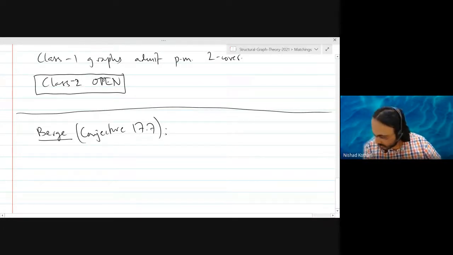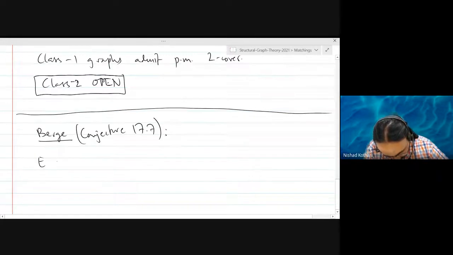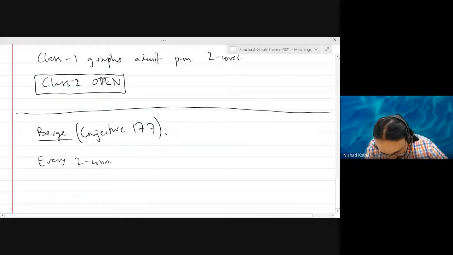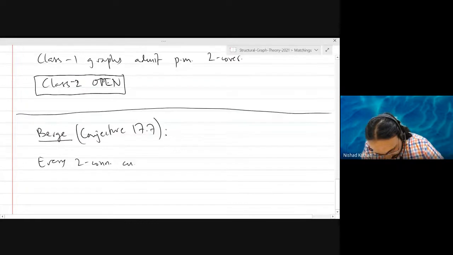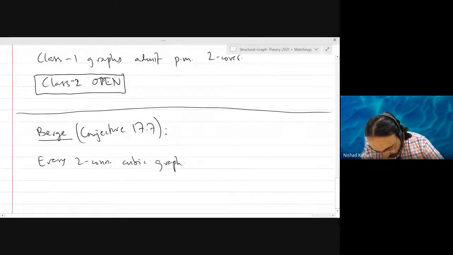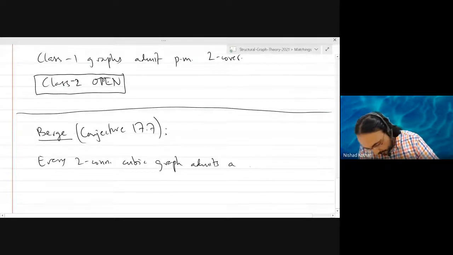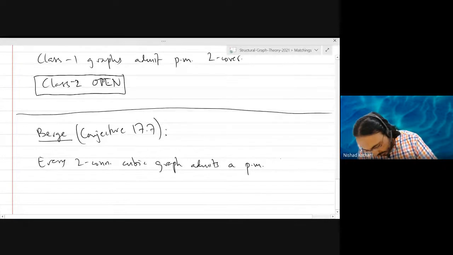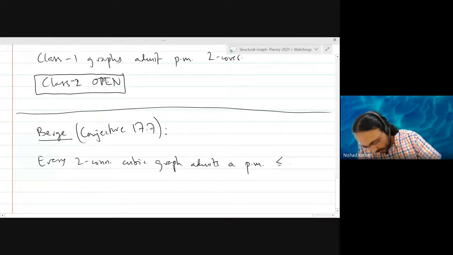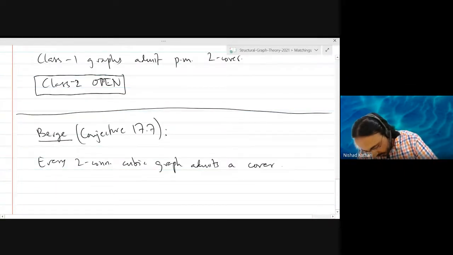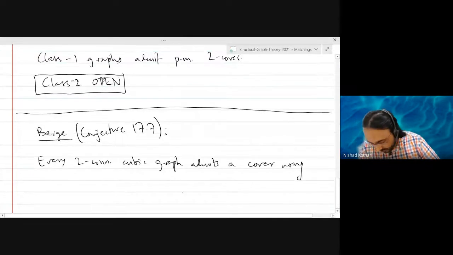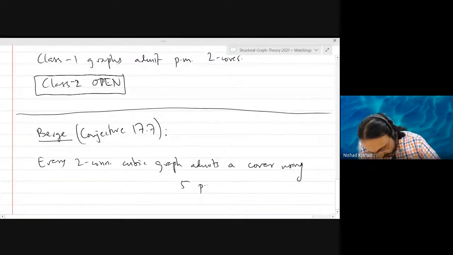So every two connected cubic graph admits a cover using 5 perfect matchings.